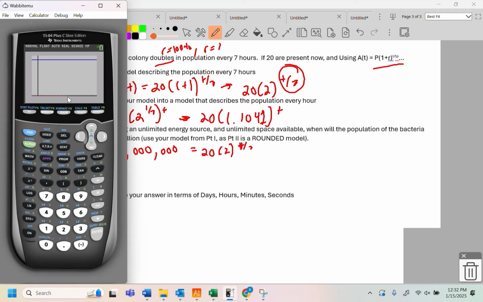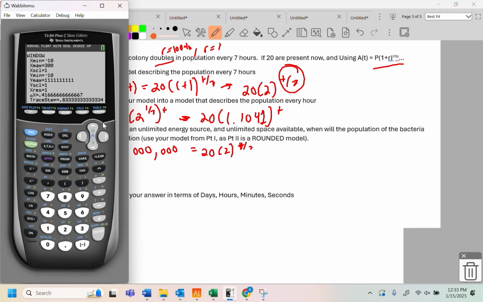I can see it being drawn, but it really hasn't grown all that much yet in comparison to a trillion. So let's go out 300 hours in the future. And what's funny about exponential growth is it almost looks flat until it's not flat, and then it just shoots straight up. That's how exponential growth works.